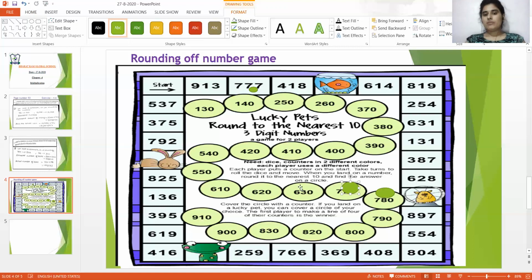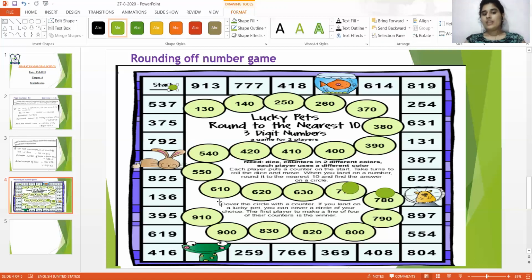Each player puts a counter on the start like this. Take a turn, roll the dice and move. When you land on a number, round it to the nearest 10 and find the answer on the circle. Cover the circle with the counter.